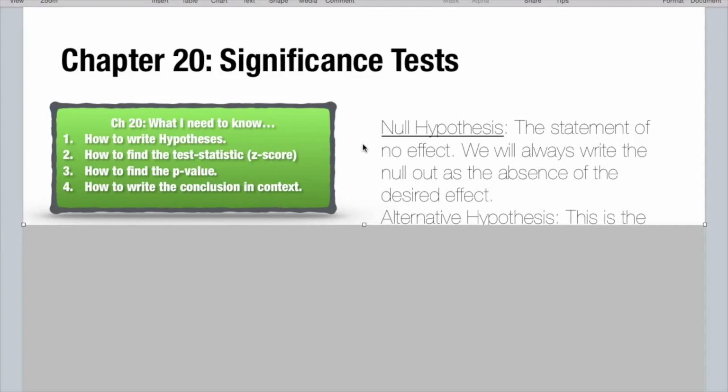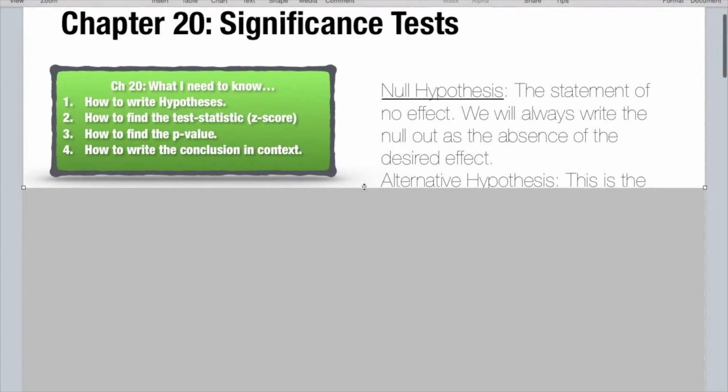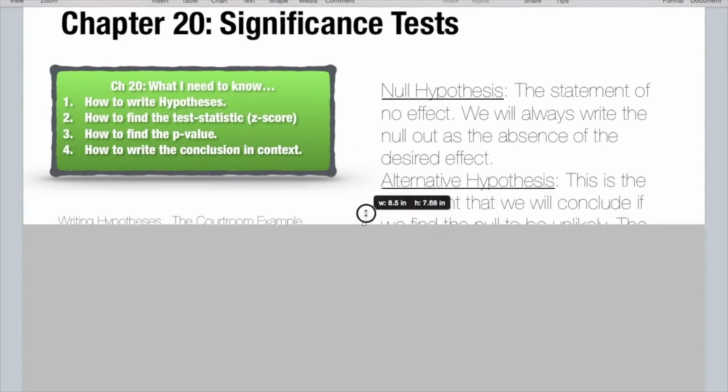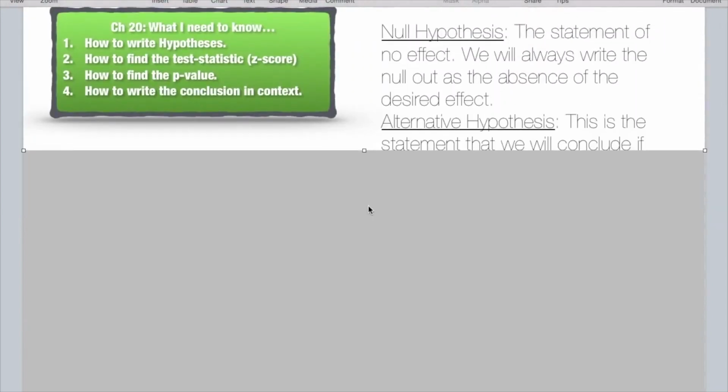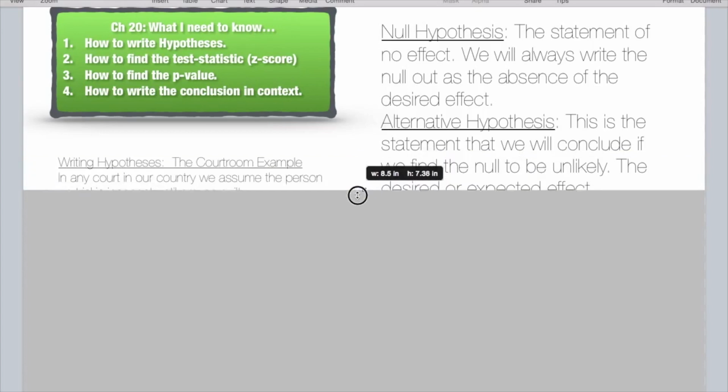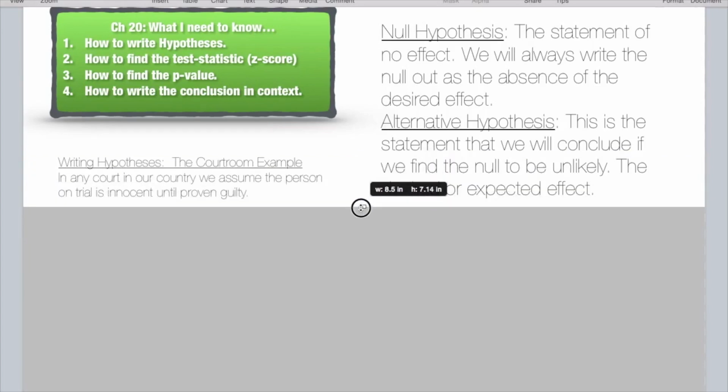So the null hypothesis, let's go over what the null hypothesis actually means. The null hypothesis is the statement where we're going to say this effect, this thing we're investigating, is not happening. We're going to assume that the status quo remains as is, that there isn't anything going on, and whatever I thought was going on actually is going on. The alternative, on the other hand, is obviously we're looking for an effect to be present.